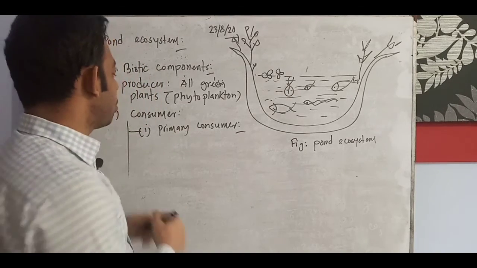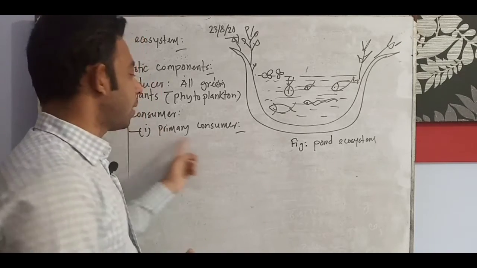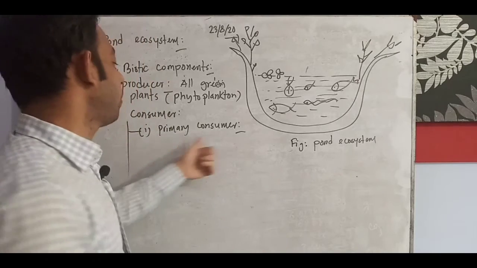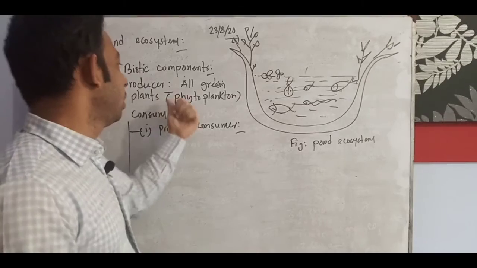So at first you write the definition here. I didn't write it, but when you make your notes you must include a one line definition: primary consumers are those consumers that directly depend on the producer.